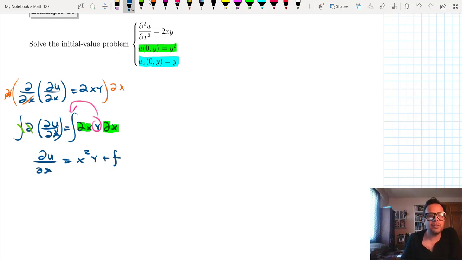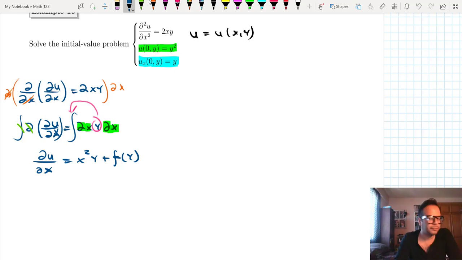But notice in this case, we are looking for a function that depends on y. Okay, maybe I need to specify this here. u equals some u of x comma y. Okay, so because we integrated with respect to x, the extra function that we add here is going to depend on y.